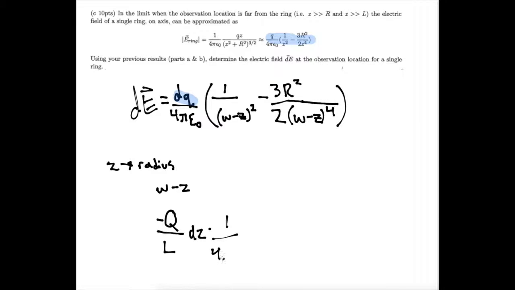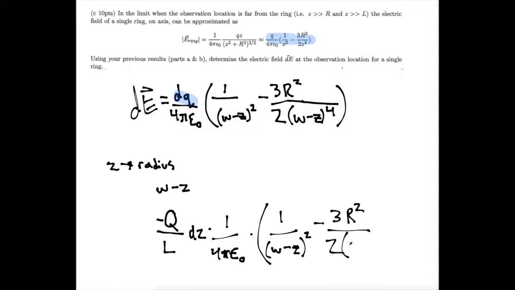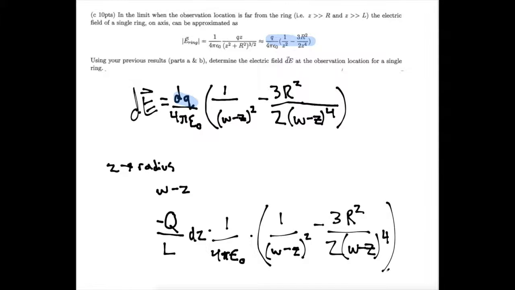And now just copy down the rest of the formula as is, w minus z to the fourth. Close that up, and that's our answer.